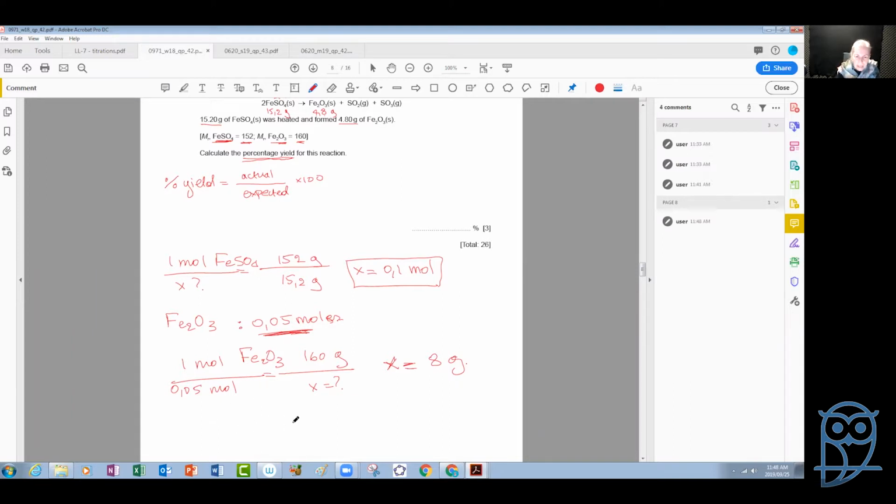Now that I have 8 grams of iron oxide, how many moles is that of iron oxide? So this is now the actual moles that I am expected to have here.